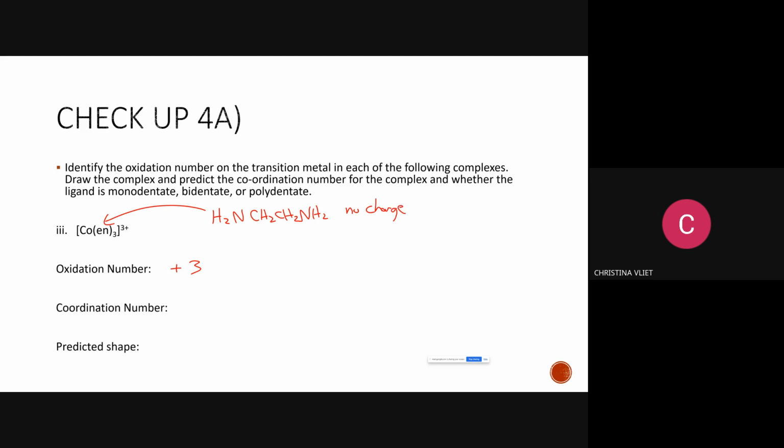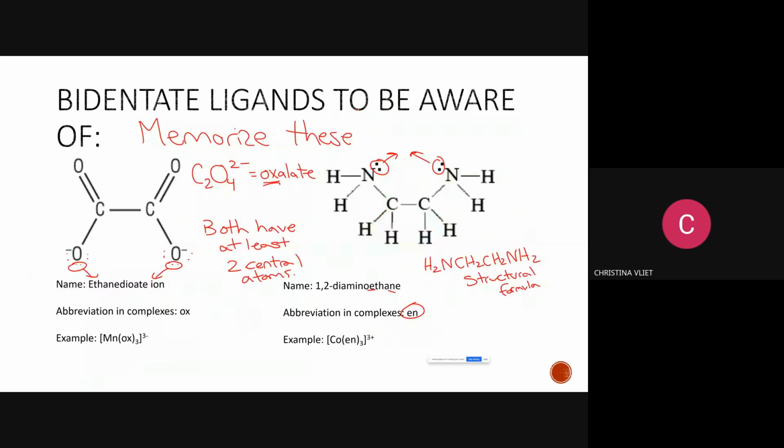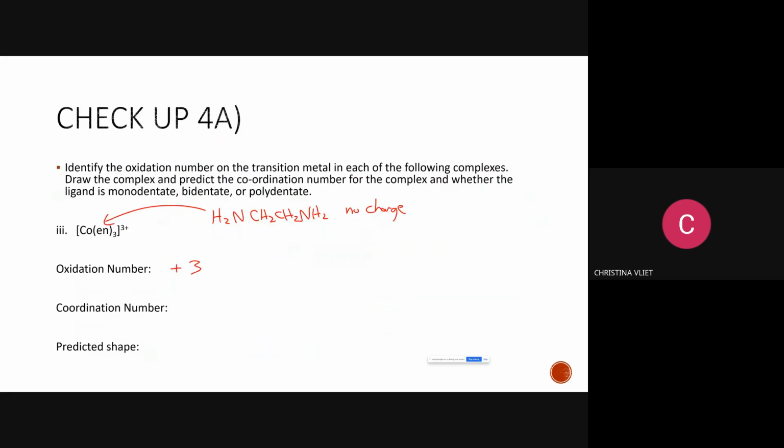That's what en stands for, and you have to memorize it. That en stands for this, that it has no charge. Memorize these. So I said there's tons of content here.